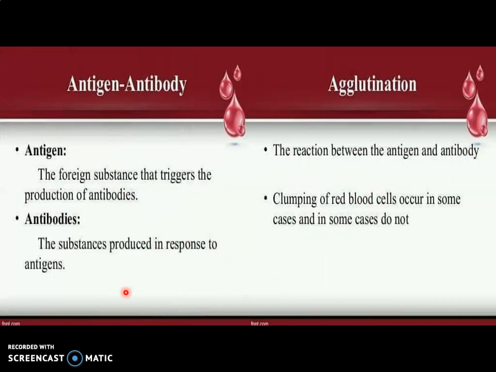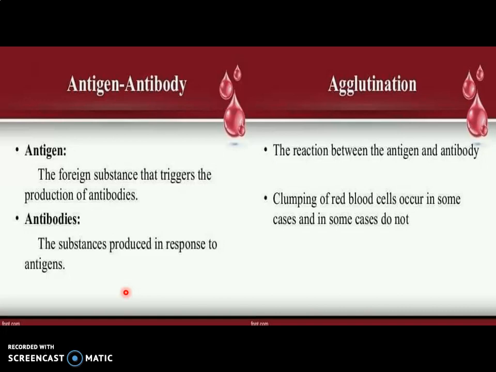What is an antigen or antibody? An antigen is the foreign substance that triggers the production of antibodies. Because here you're supposed to understand that in the blood cells, especially in the erythrocyte, which is the red blood cell, there are many antigens that are found there.